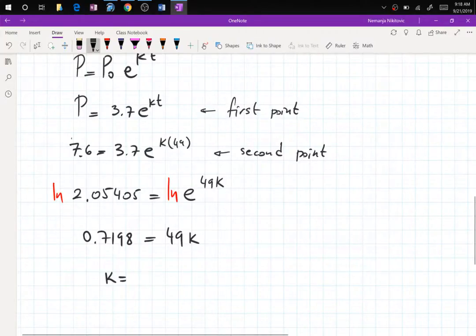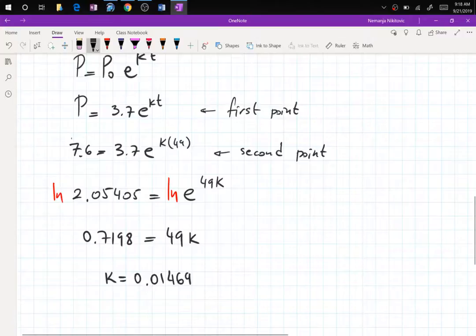Divide this number by 49, and we get 0.01469. There we go.